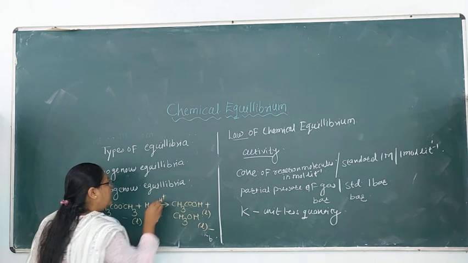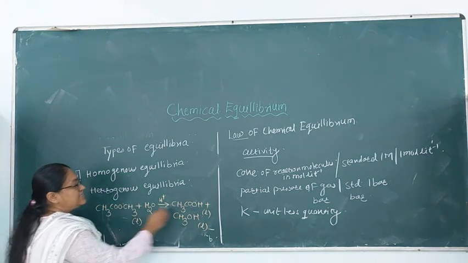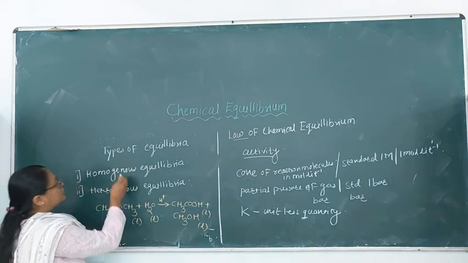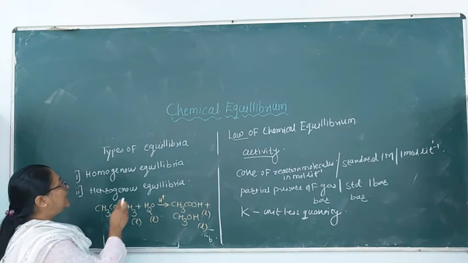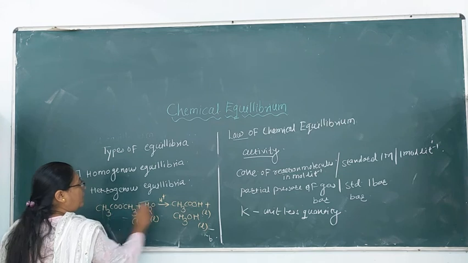Here, acid is used as the catalyst, which is also in the liquid form. The reactants and the products are both in the same phase, that is the liquid phase. So this is an example of homogeneous equilibrium, where all are in the same phase.